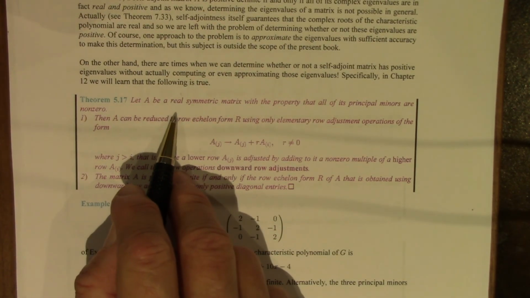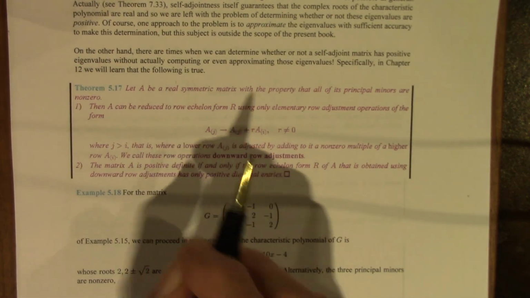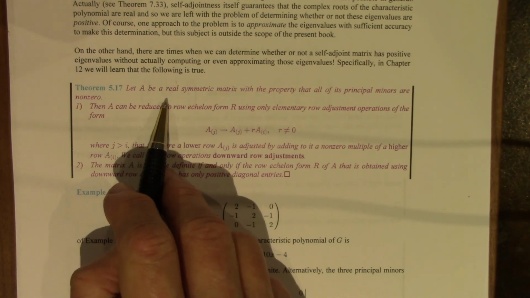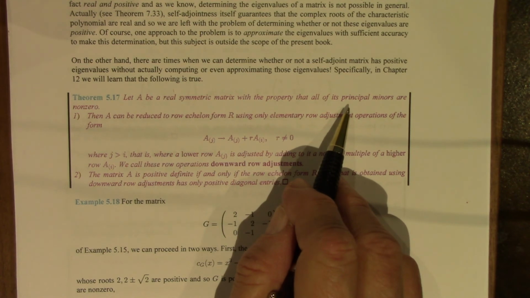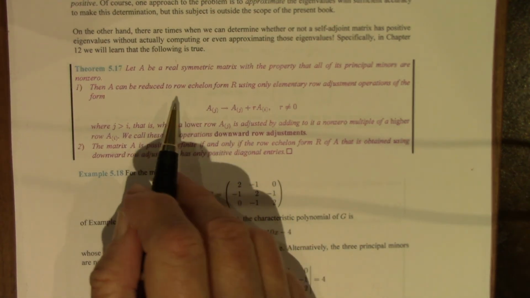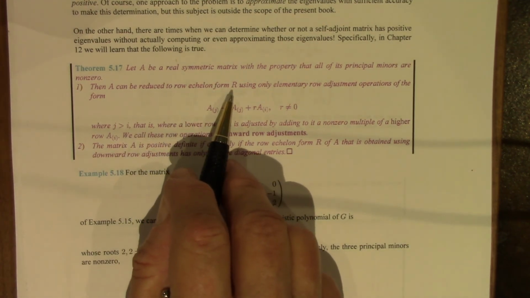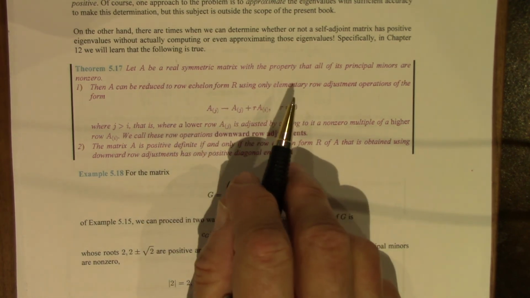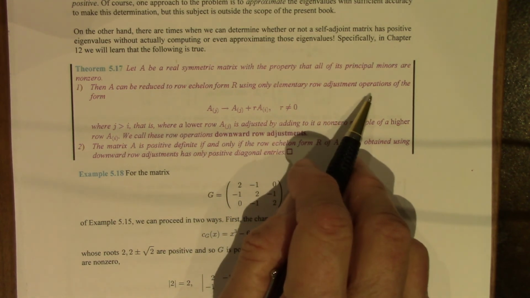Here is a theorem that we're going to come to in chapter 12. Let A be a real matrix with the property that all of its principal minors are non-zero. I'll give you an example of this in a minute. Then A can be reduced to row echelon form, which we'll call R, using only elementary row operations.